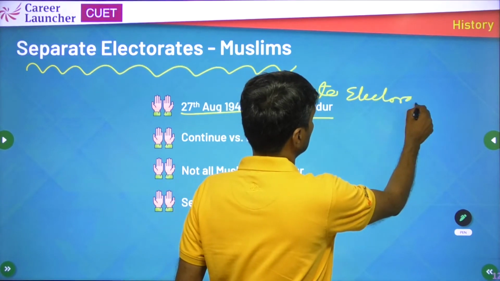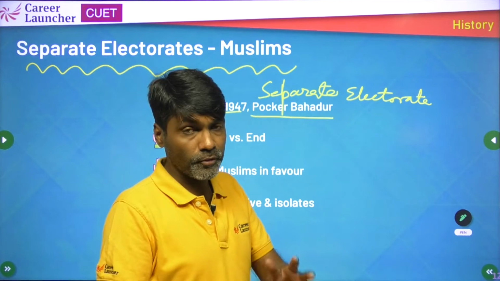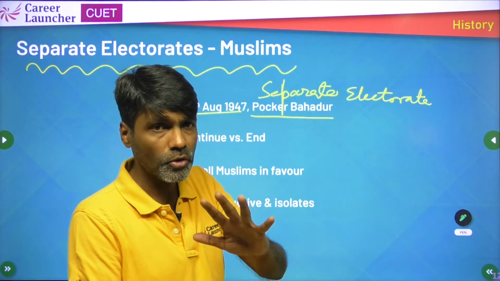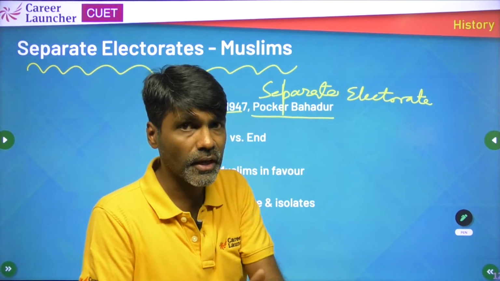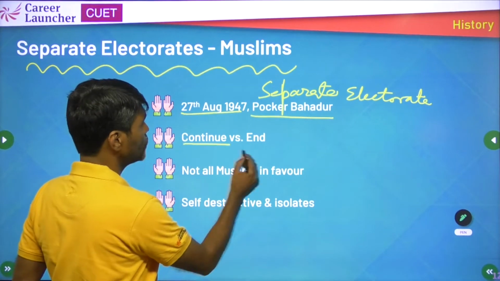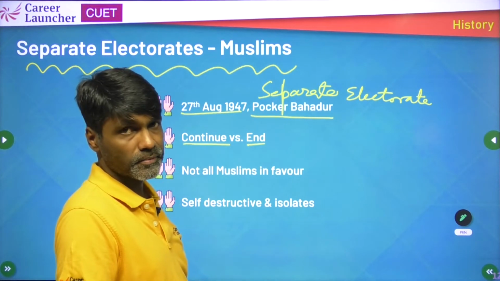He said these should be separate, whereas a lot of other senior leaders said that no, don't create this, it will widen the rifts. The debate was, should the separate electorate continue or should it be ended?